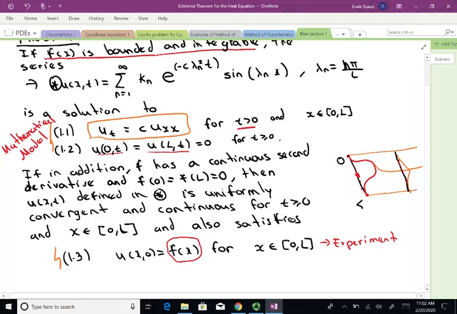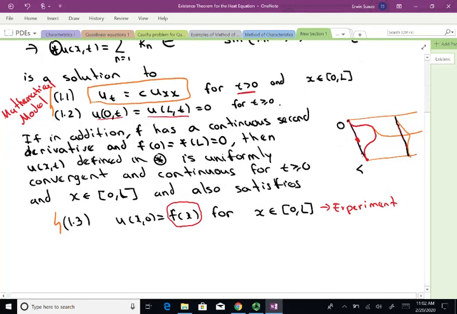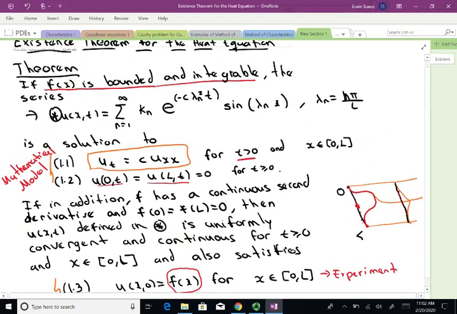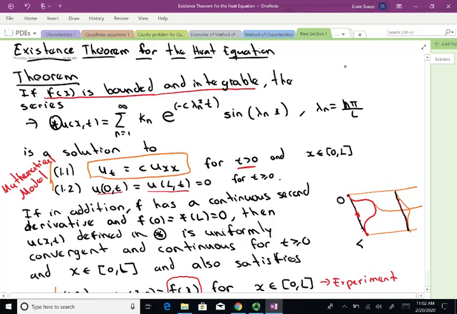Also, f is bounded and integrable. That's easy, because bounded and integrable is on 0 to L. This is bounded and integrable.